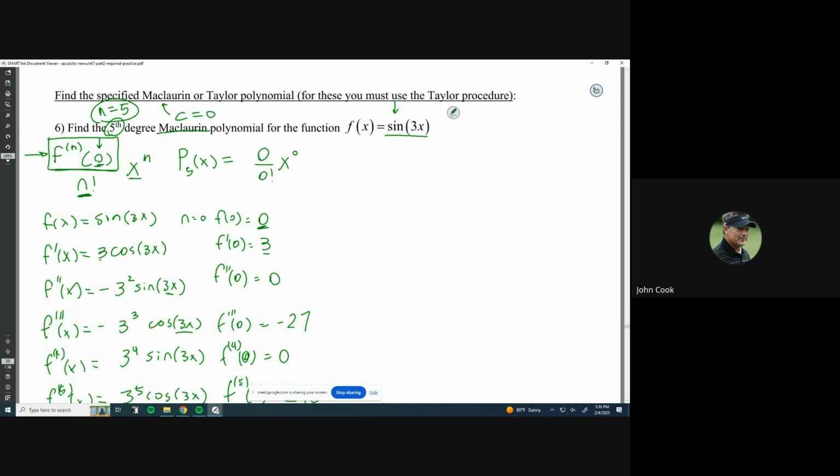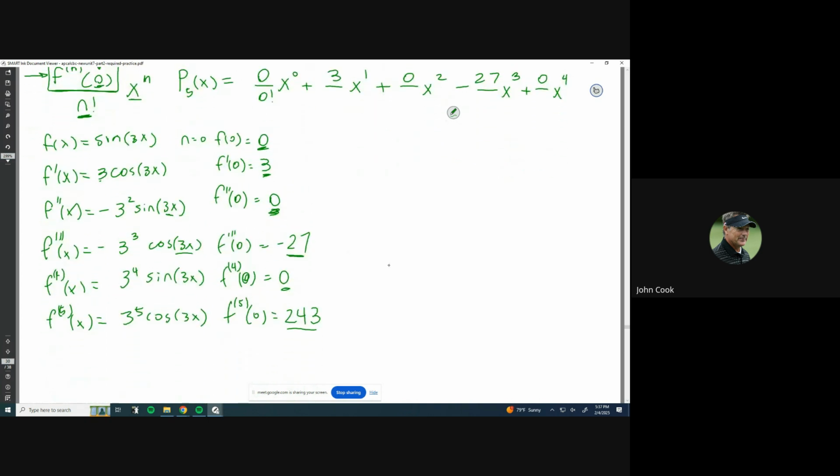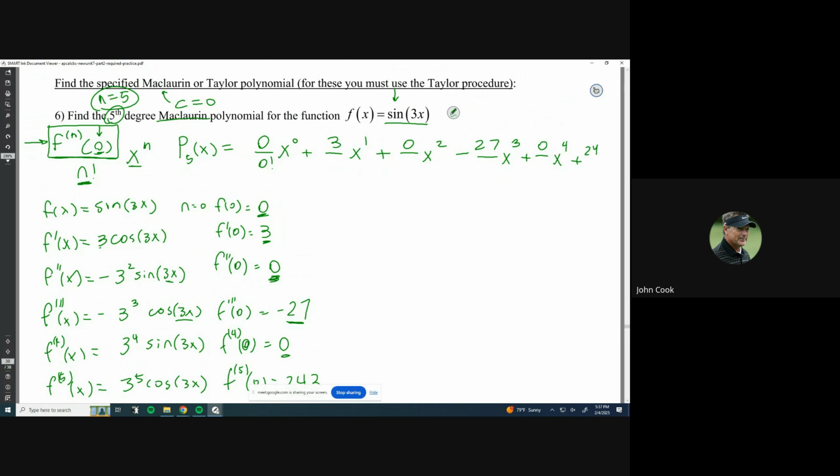And then I just keep using these coefficients here as the numerator, so the next one's going to be 3 over something, and then x to the first, and then 0 again, so 0 over something, x to the second, and then negative 27 over something, x to the third, and then 0 again for the fourth term, so plus 0 over something, x to the fourth, and then finally plus 243 over something, x to the fifth.